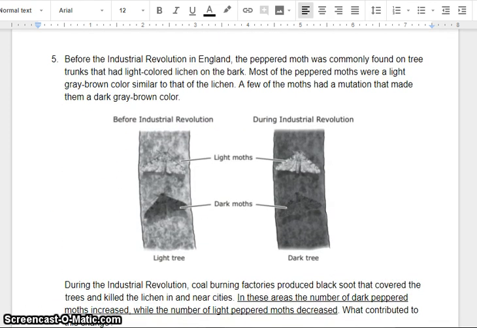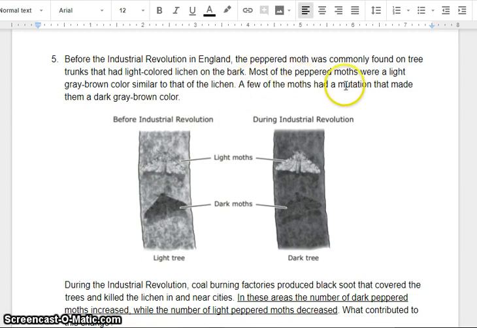Number 5. Before the Industrial Revolution in England, the peppered moth was commonly found on tree trunks that had light-colored lichen on the bark. Most of the peppered moths were light gray-brown color, similar to that of the lichen. So this is the picture right here, light moths.